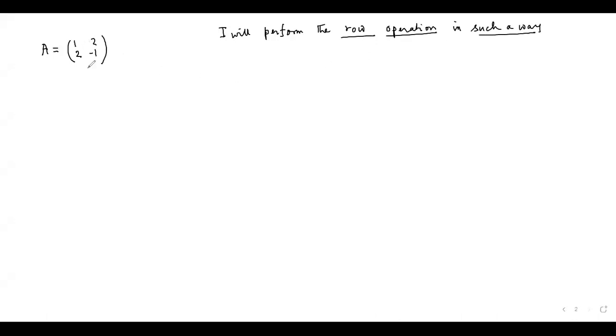so that in this particular system, this first place is called the pivot place. Pivot means key element or pivot element.